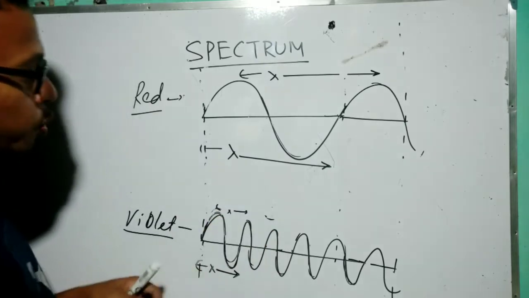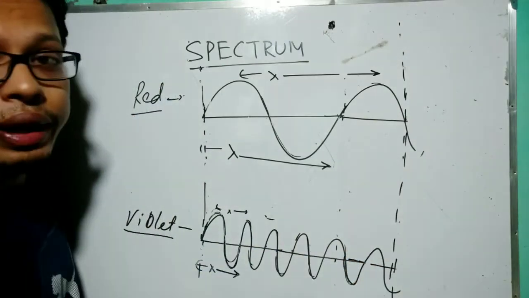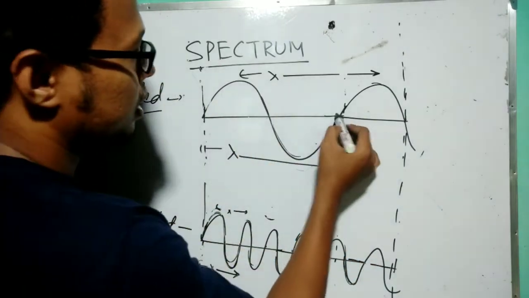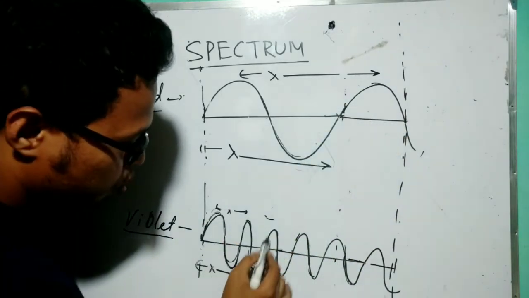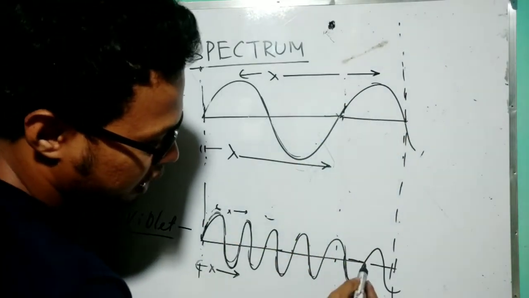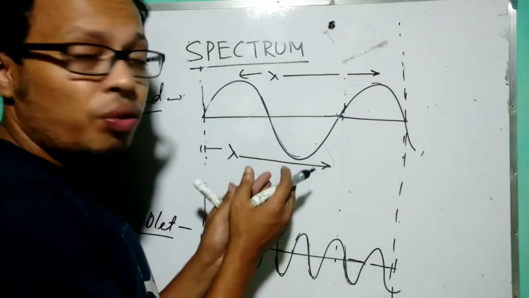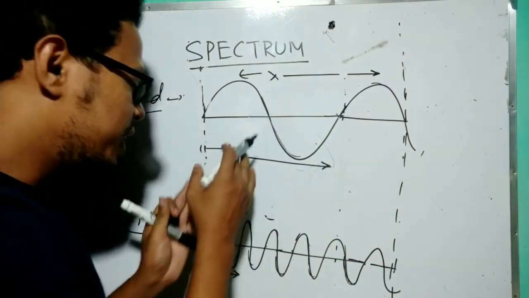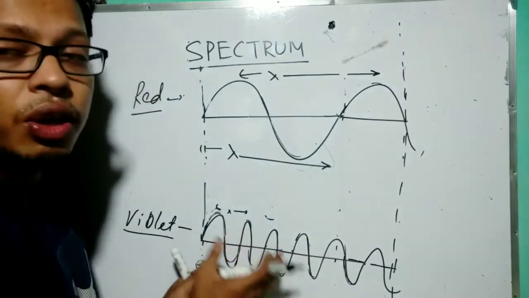Now if you look at the graph, what is another difference? See, in this region, if we count the number of waves, here 1 and a half, and here 1, 2, 3, 4, 5, 5 and a half. Means the number of waves for red is less than the number of waves for violet.